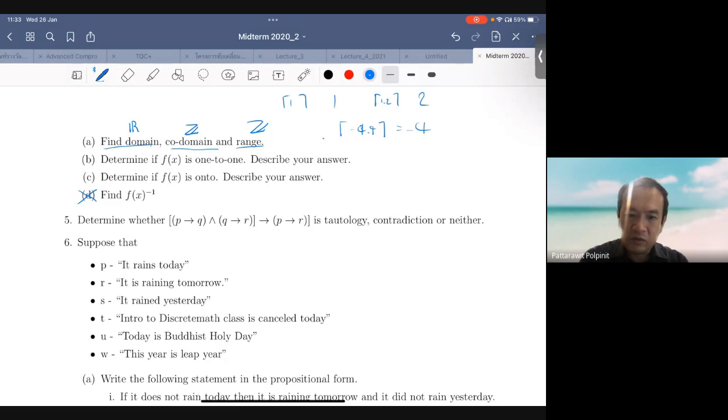1 to 1, onto; not 1 to 1, onto; 1 to 1, not onto; not onto, not 1 to 1.